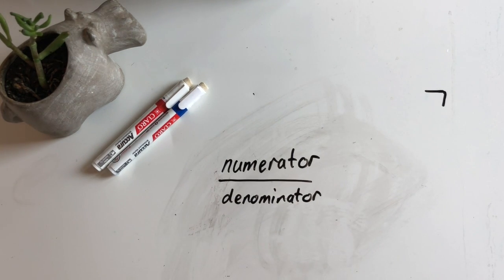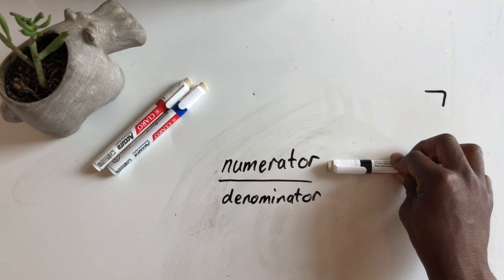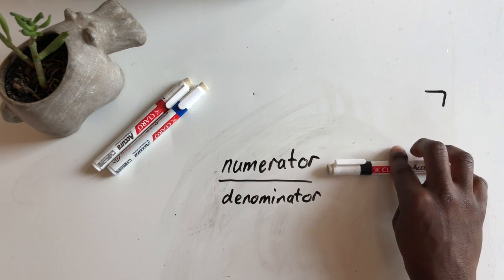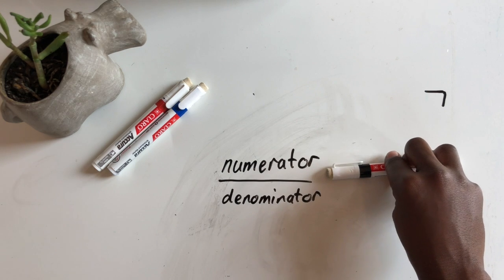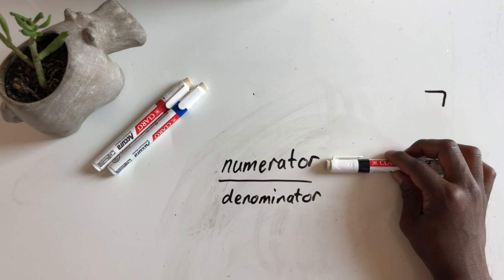Okay, so the number at the top is known as the numerator, and this shows the number of parts in the fraction.